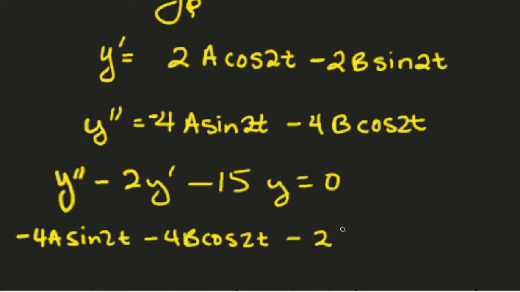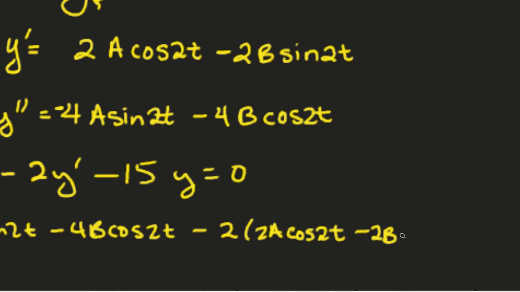Then we do minus 2 times y prime, which is this term right here, 2a cosine 2t minus 2b sine 2t.